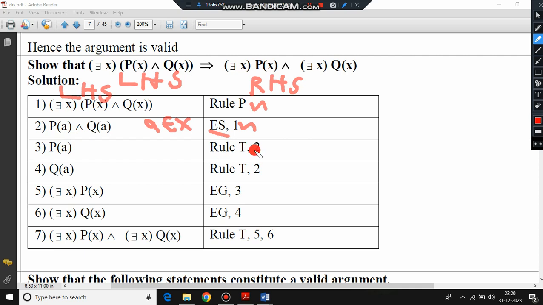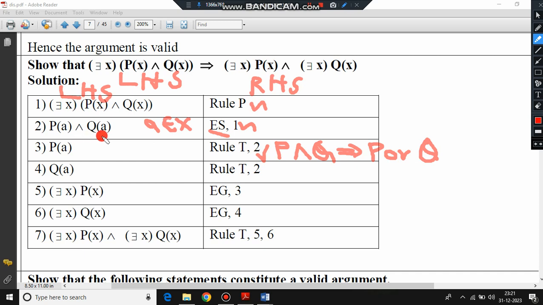The tautological rule says that if p is one statement formula and q is another statement formula, then p and q implies p. That rule I am applying on step number 2.